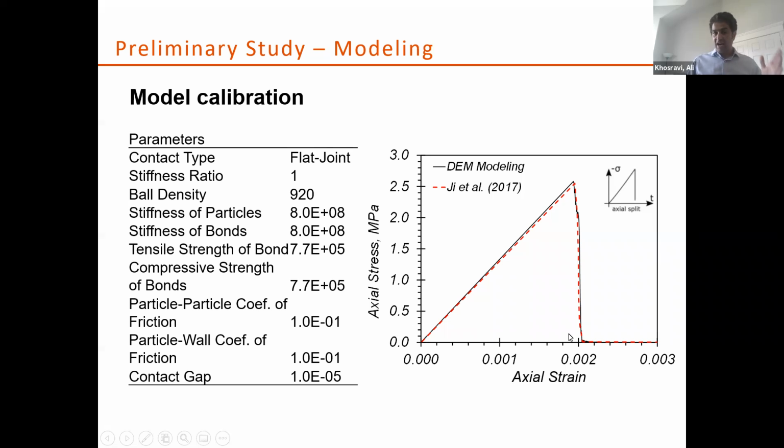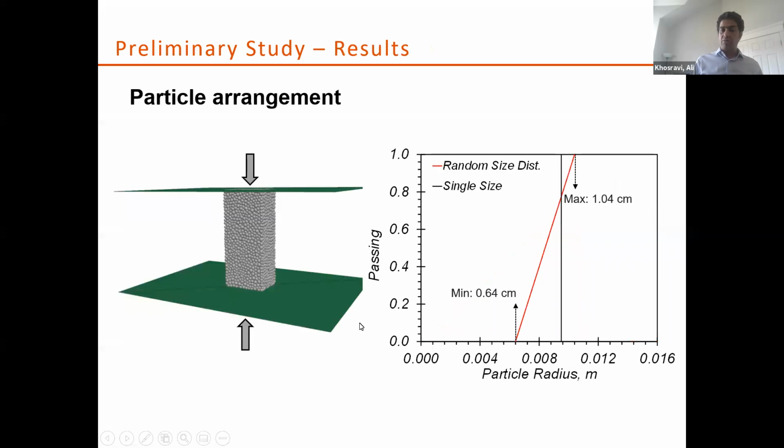So now that we have the model parameters, the model for the simulations, we started our parametric study. We started with particle arrangement effect. For that one, we chose an arrangement presented here, a random size distribution for the particles with a minimum radius of 0.64 centimeter and a maximum radius of 1.04 centimeter.